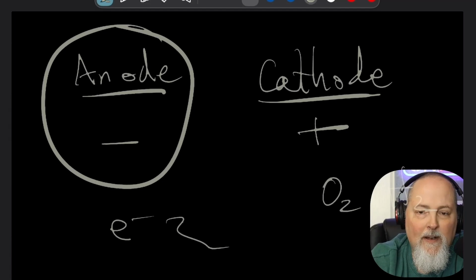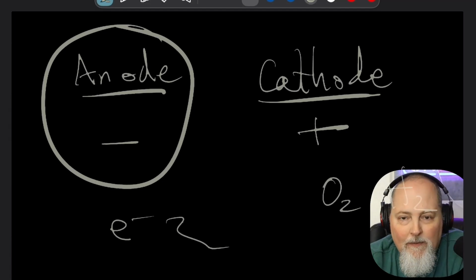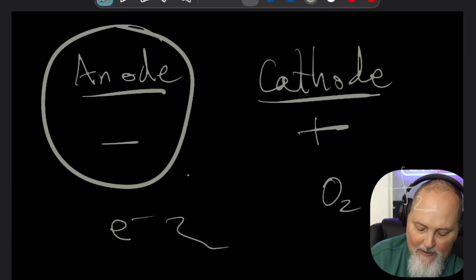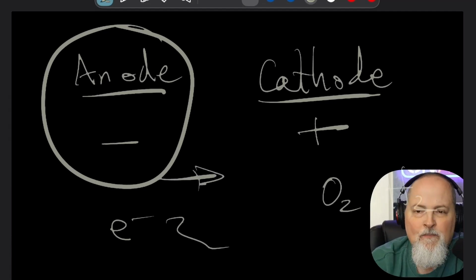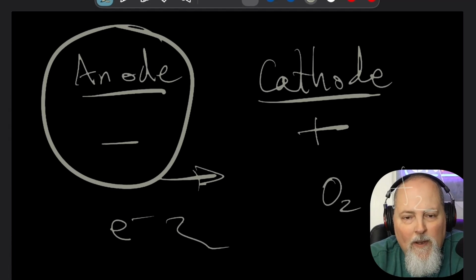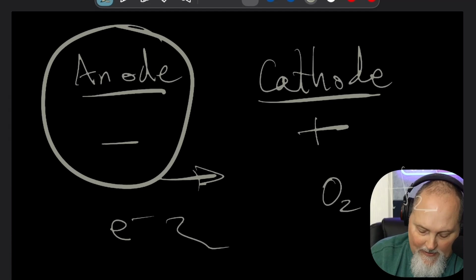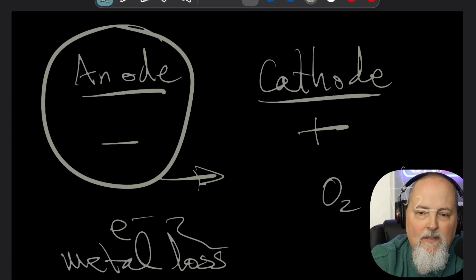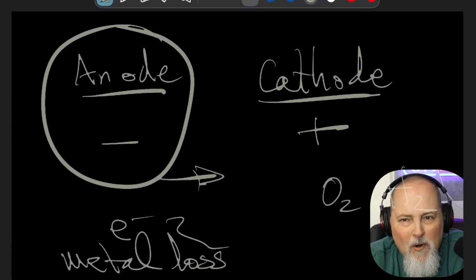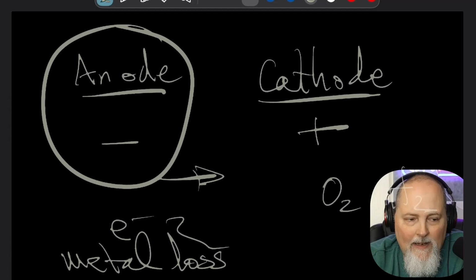The electrolyte, of course, is the conducting liquid. So in corrosion, the anode is negative and the cathode is positive. The anode is the side being eaten away, and the cathode is what we call the protected side. The anode is metal loss, and the cathode is a reduction process, but it's the protected side.